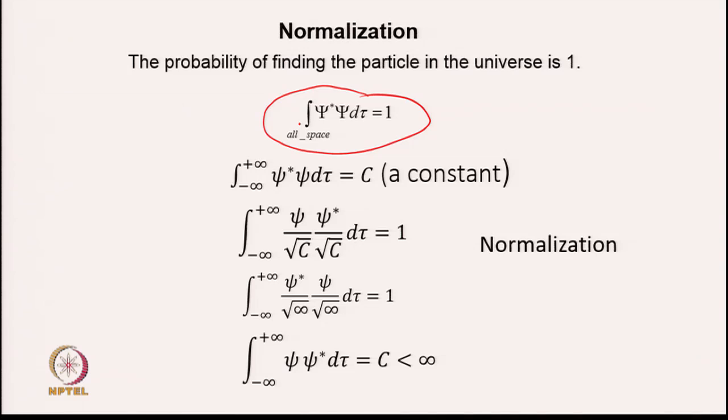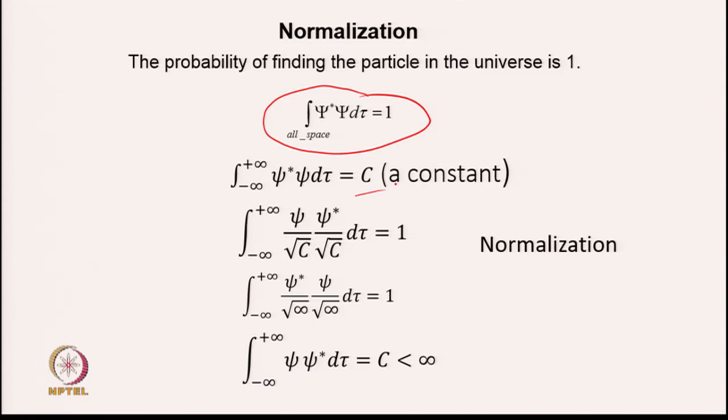So you have to choose a wave function such that when you integrate psi star psi d tau over all space, it is equal to 1. Now suppose I do that and I get a value c, which is a constant. Is it an acceptable wave function?